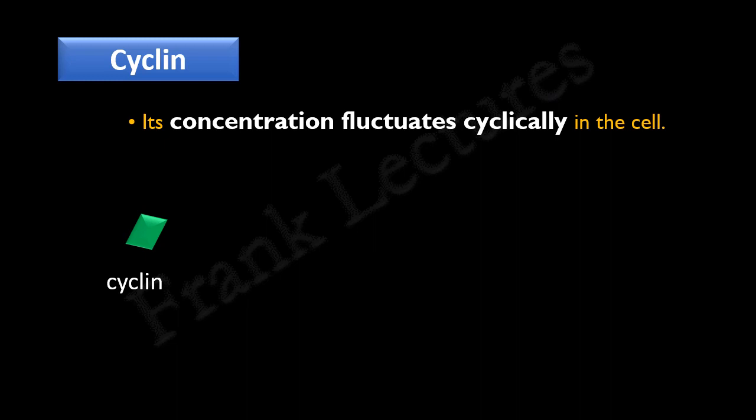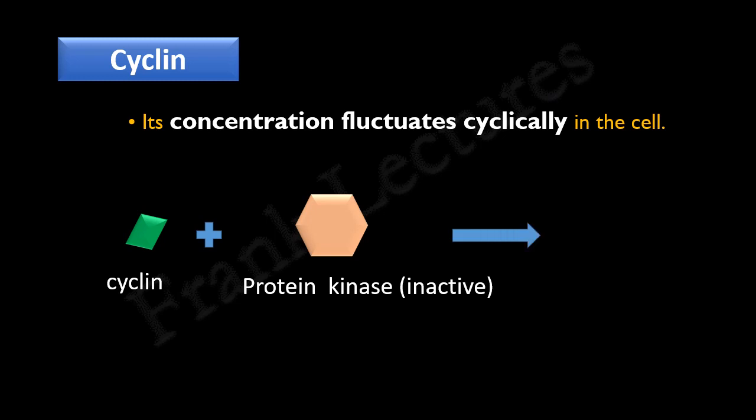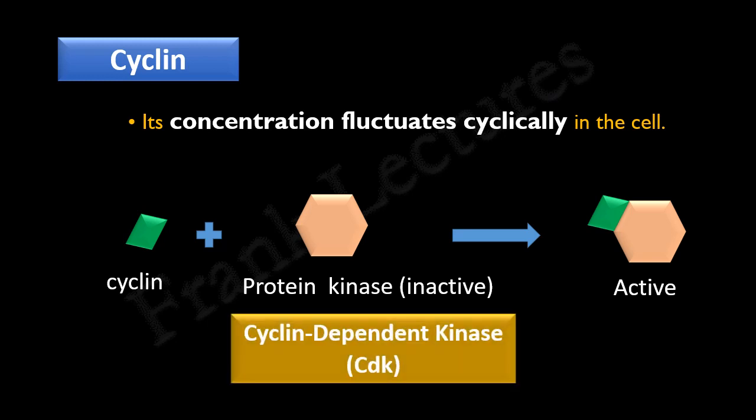As we said before, for the activity of kinases, their association with cyclins is a must. And because of this, these kinases are known as cyclin-dependent kinases or CDKs. As the concentration of cyclins varies, the activity of CDK also varies.